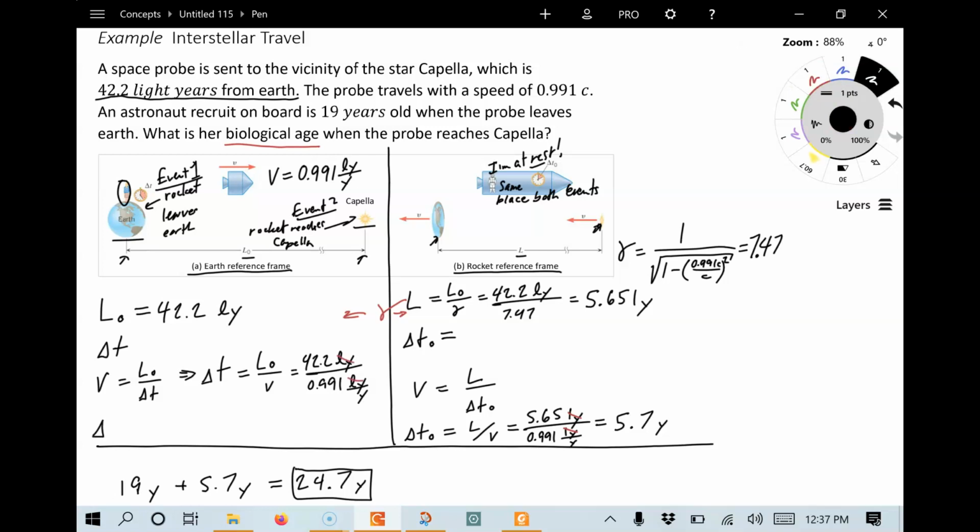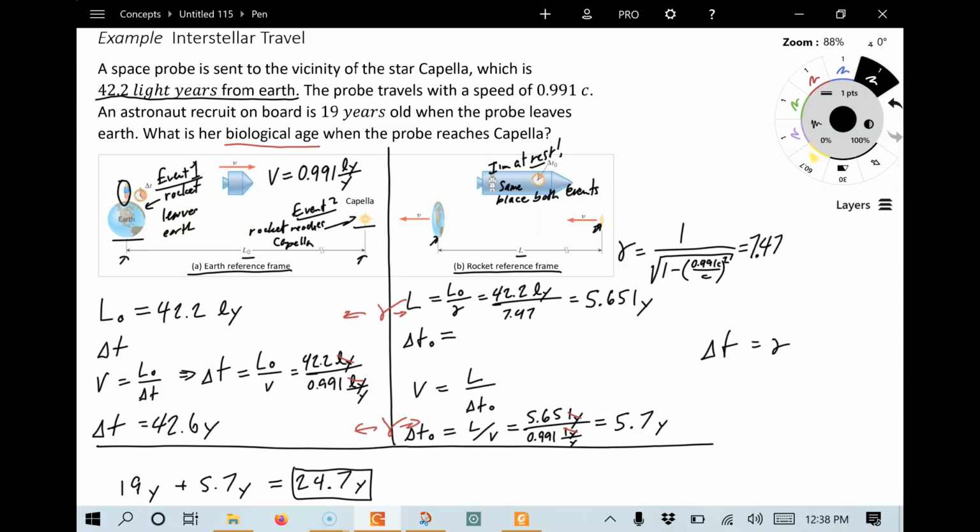So the time that has passed on Earth is equal to 42.6 years. 42.6 years have elapsed according to the Earth observer between the same two events, which for the rocket observer are 5.7 years. Let's confirm that this is correct by using the gamma factor to convert.